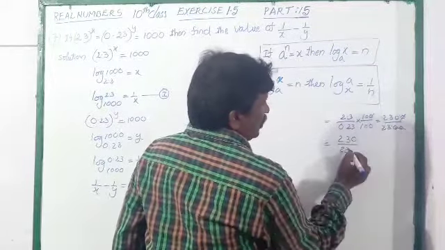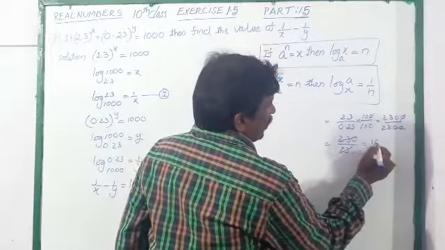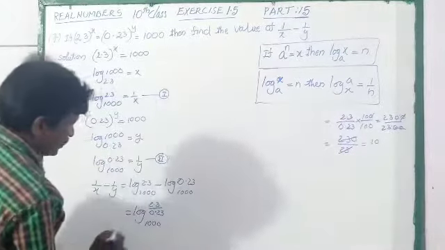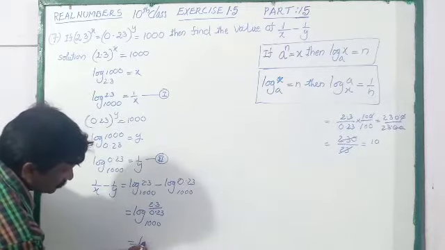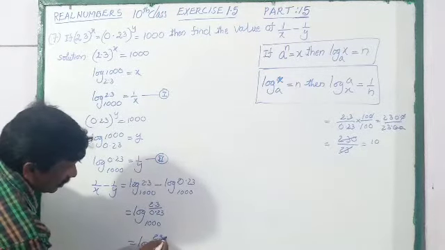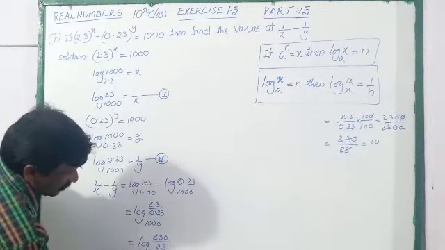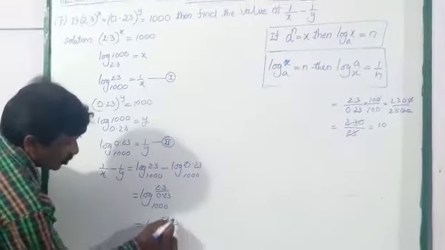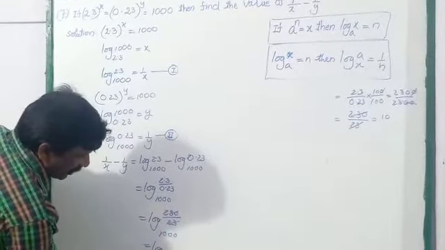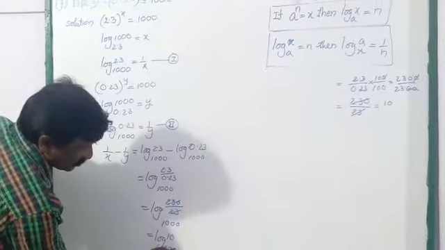So 230 by 23, which is 10. So log of 230 by 23 base 1000 is log 10 base 1000.